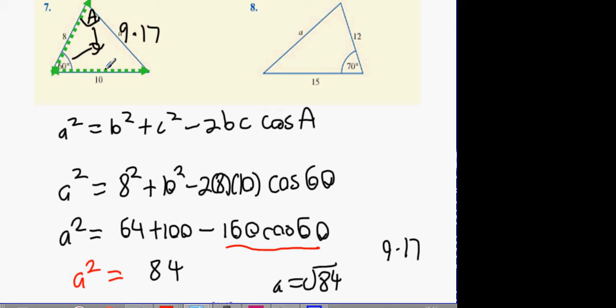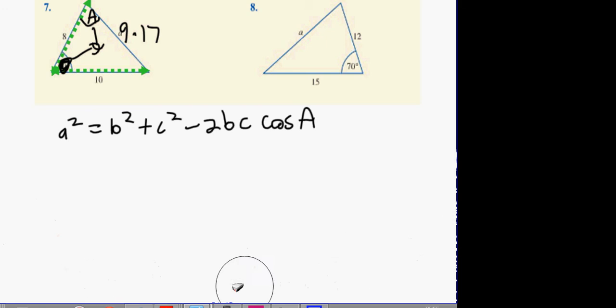So an example would be, pretend I didn't know what this angle here was, and I have the following information. I have 8, 9.17 and 10, and it's asked me to find out angle A. Now here's how you do it this time.